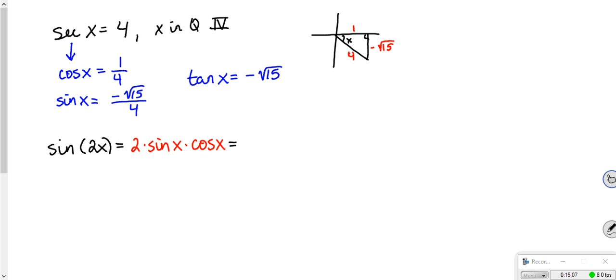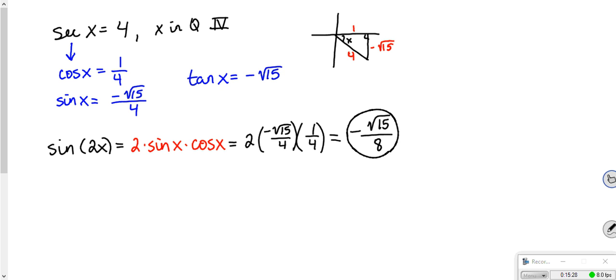So that equals 2 times negative root 15 over 4 times positive 1/4. Now your 2 and your 4, one of these are going to cancel. You are going to end up with negative root 15 over 8.